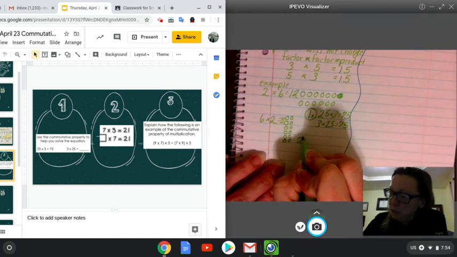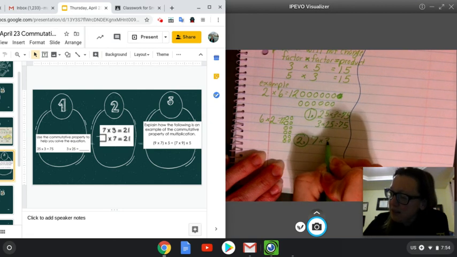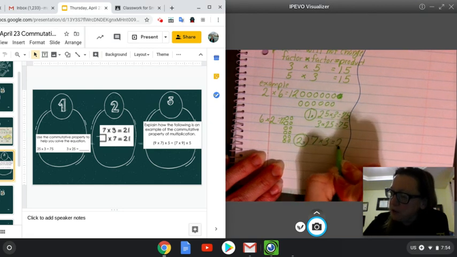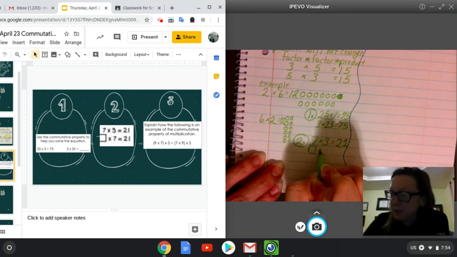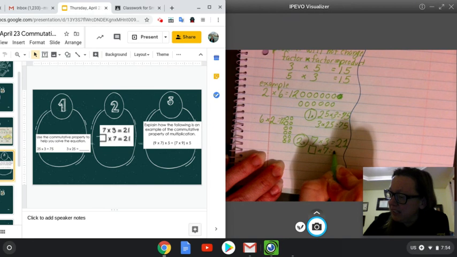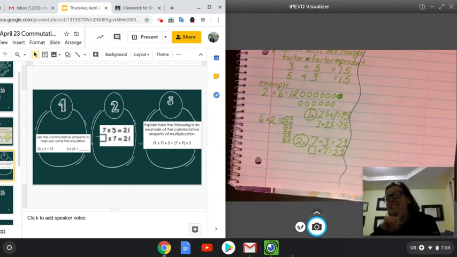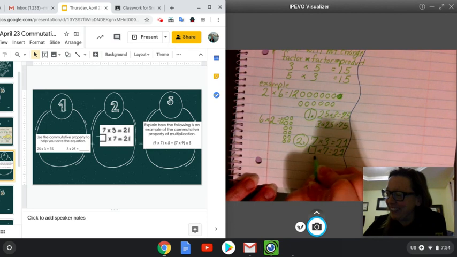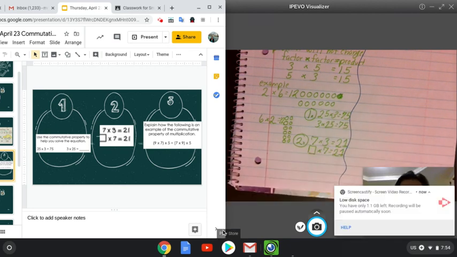Number 2. If I know that 7 times 3 equals 21, then if some number times 7 equals 21, that number has to be 3, because it doesn't matter what order.